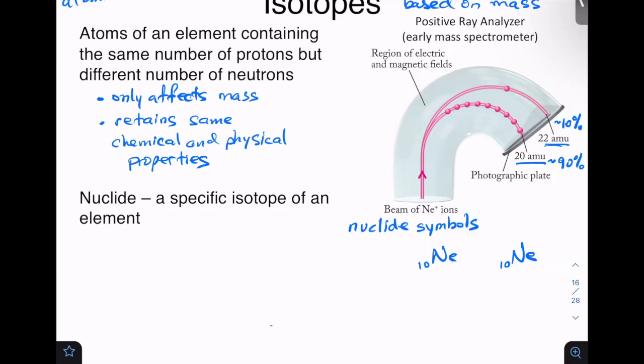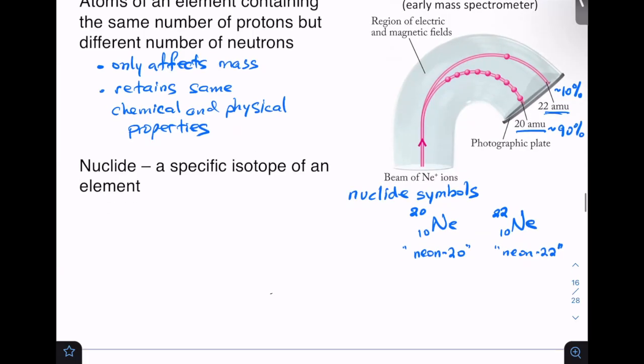But now we have two different species. We have neon 20 and we have neon 22. And that's actually how we say them if we're going to talk about them. If I write it with words, I would write this as neon 20, and this would be neon 22. Okay, now we know how to interpret this.